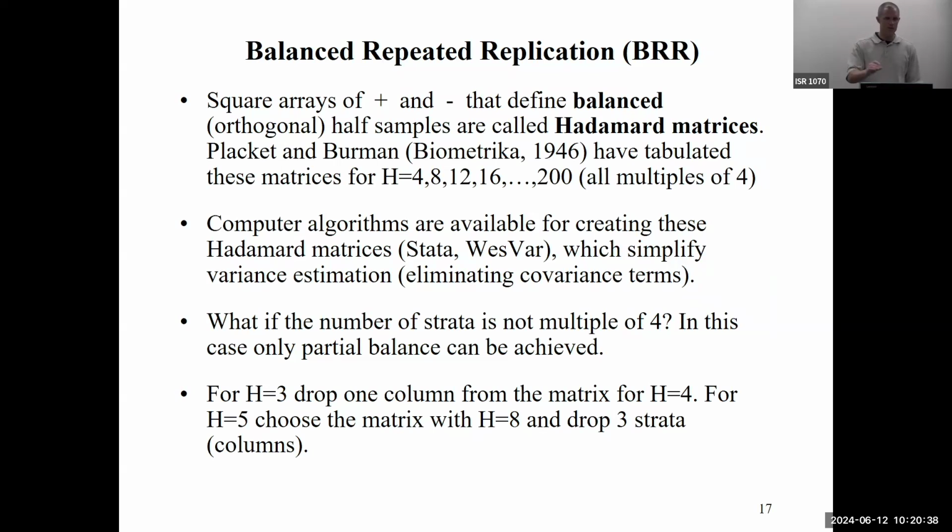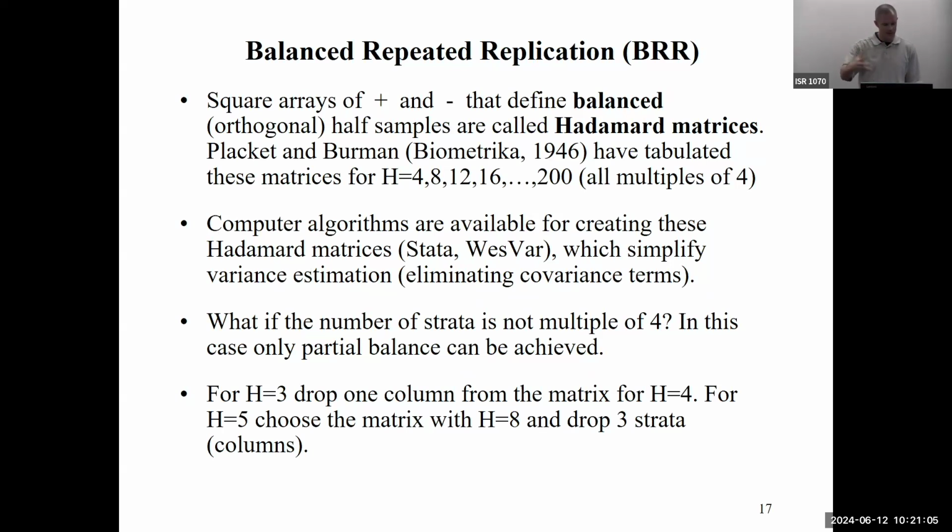You take the matrix that's equal to or higher than the number of strata that you have. For example, if you had 3 strata, you would use the 4x4 matrix and drop one of the columns to get you back to 3 strata. You don't have the full balancing property because you don't have that 4th stratum to define the balanced matrix. If you had 5 strata, you would pick the 8x8 matrix and drop the 3 strata at the end.